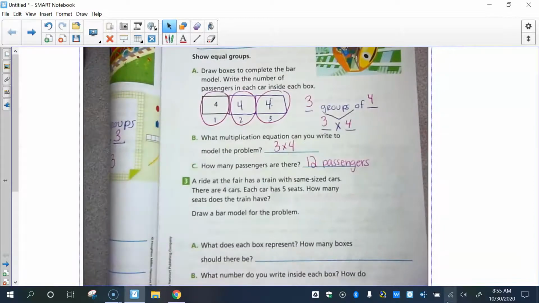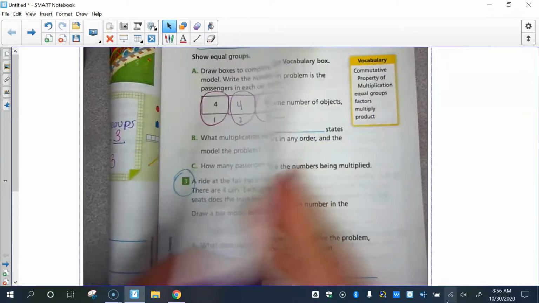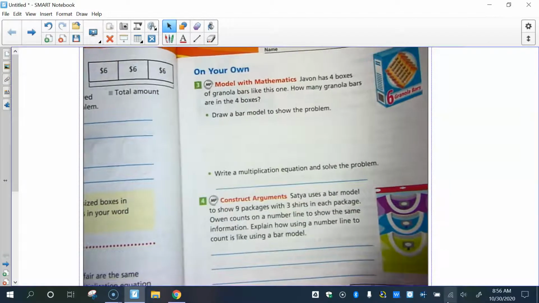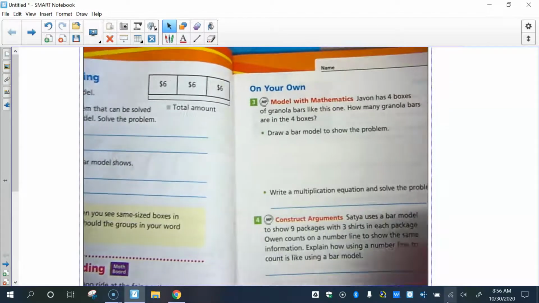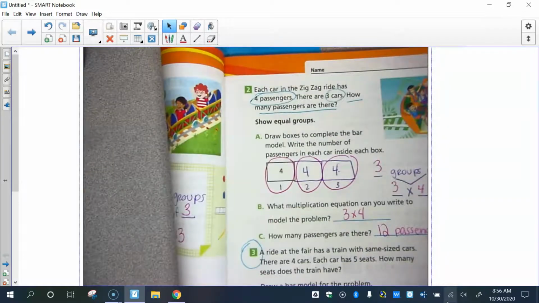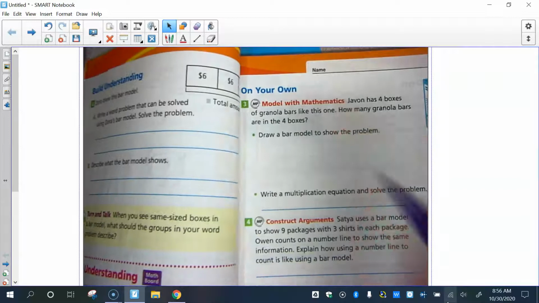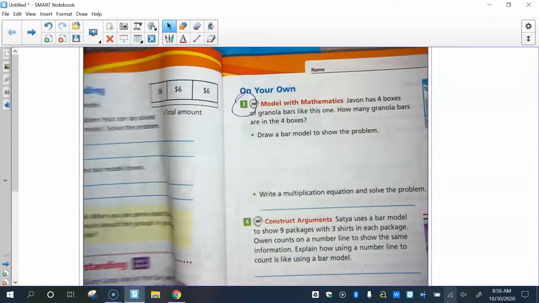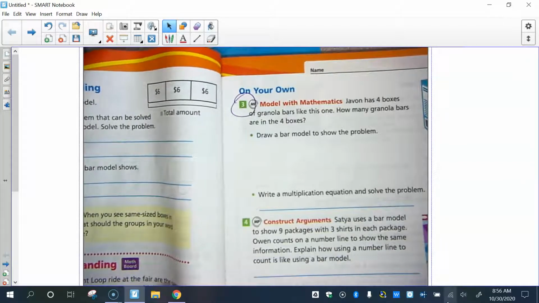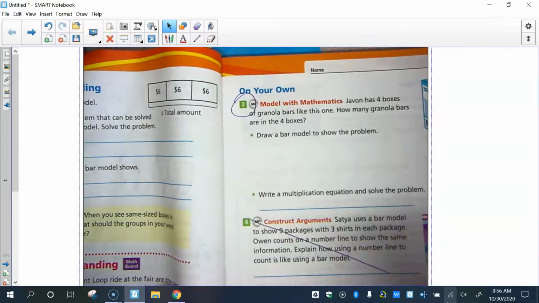I want you to go ahead and do number 3 on your own. I also want you to do number 3 on page 27. I want you to do number 3 on page 29. Do number 4.